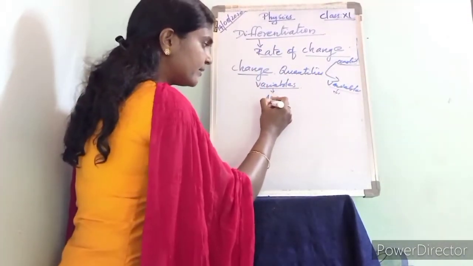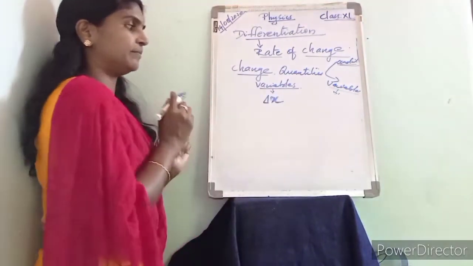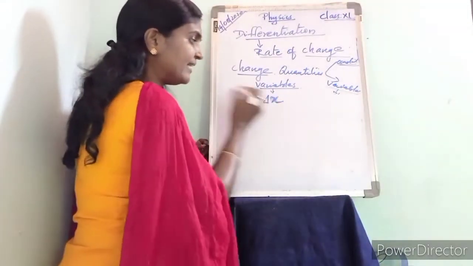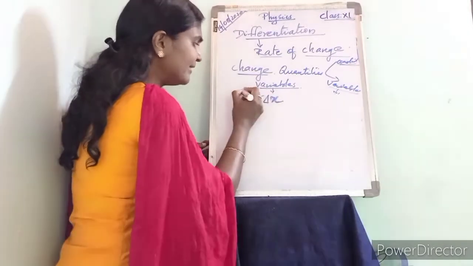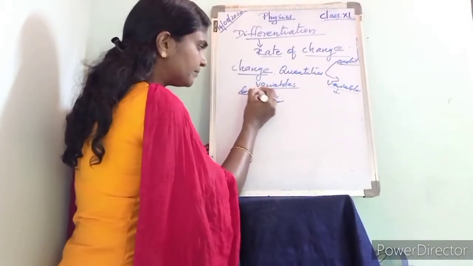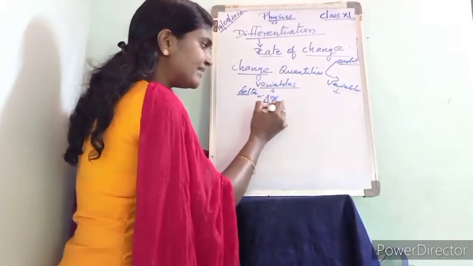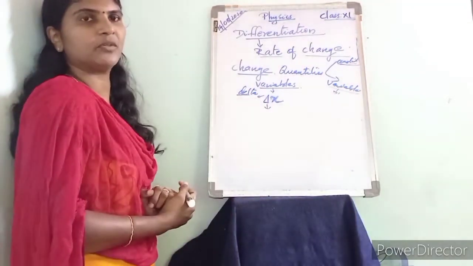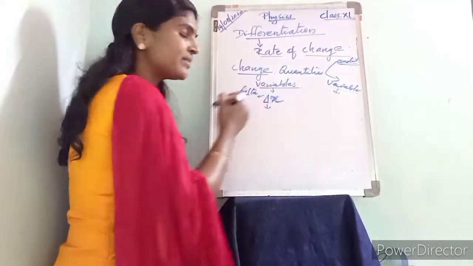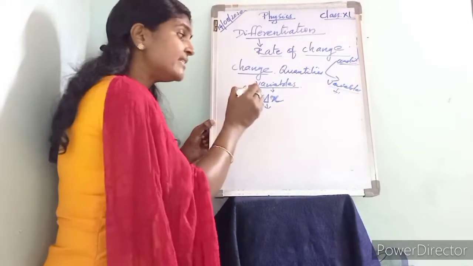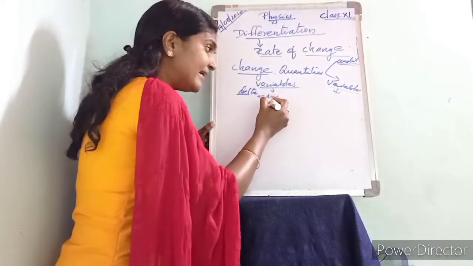Before x, we put delta. Delta is used to represent change. When a variable undergoes change, that change is represented by delta.